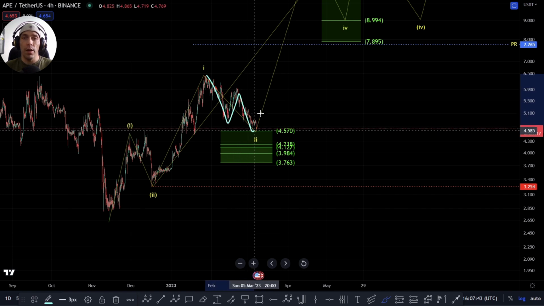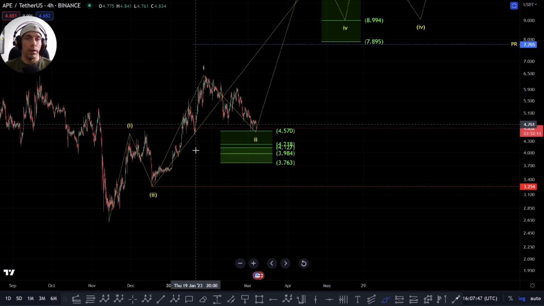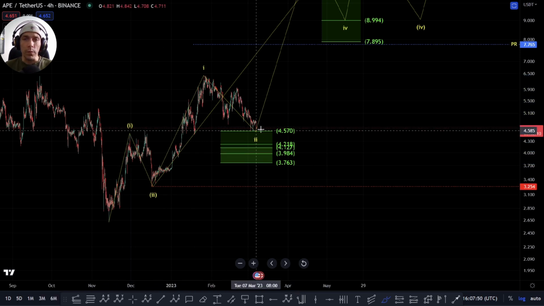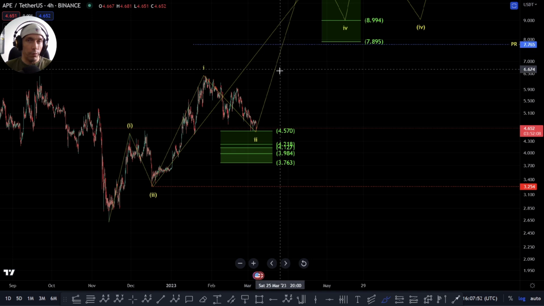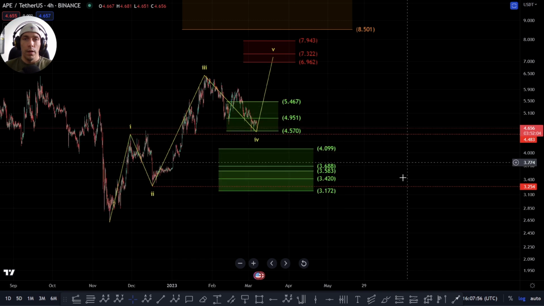This could just be the A wave, we get a B wave up, and then we actually continue further down. And like I said, at the moment, we're looking for that potential for that fifth wave, which is still valid. That would be this option.